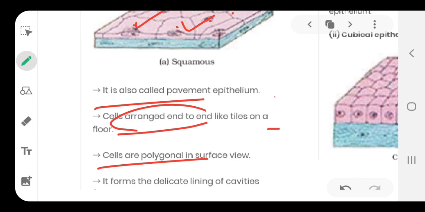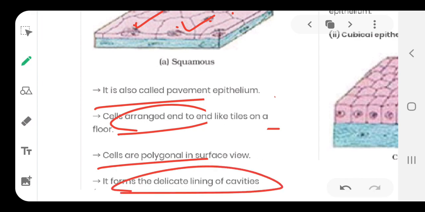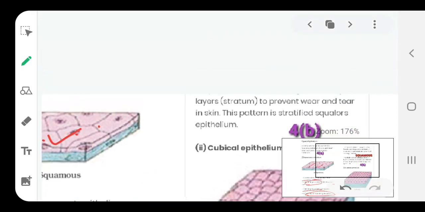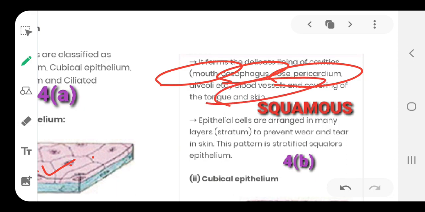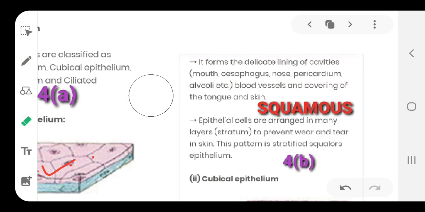Underline the last one. So they form the lining of cavities. Then further, these delicate linings are found in the mouth, esophagus, pericardium, the layer of the heart, and blood vessels. So these are the locations where they form the layering.